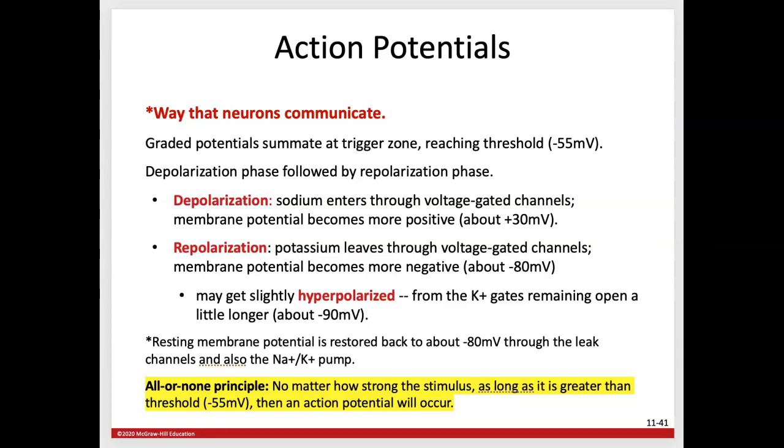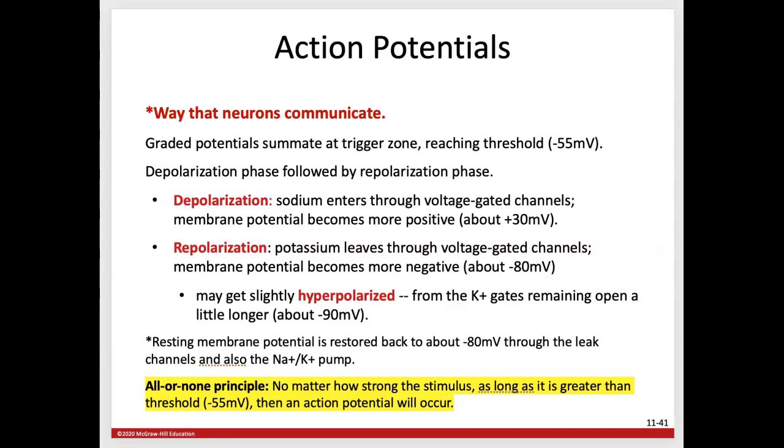And so when we're repolarized, we get to right around negative 80, negative 70, somewhere in there. And because those potassium gates stay open, we get even more negative inside because even more potassium leaves, losing even more of their positive charges. So that's the basics of an action potential.